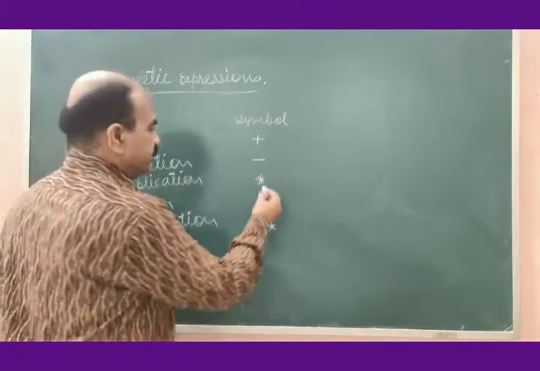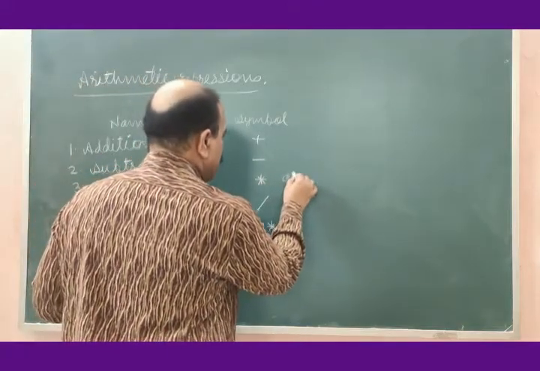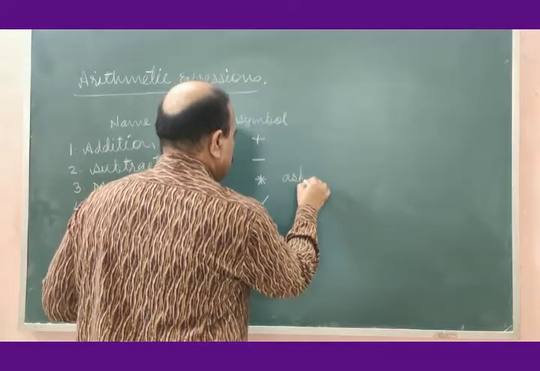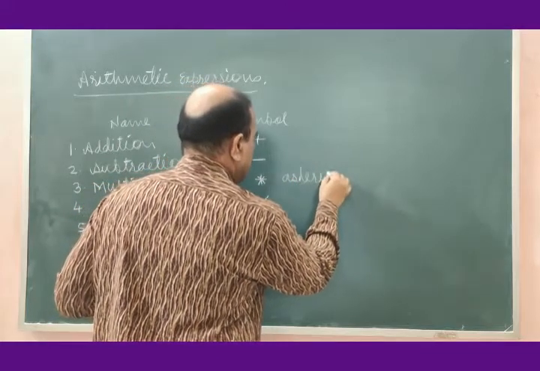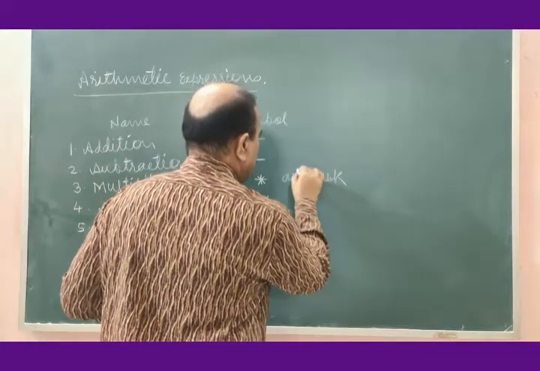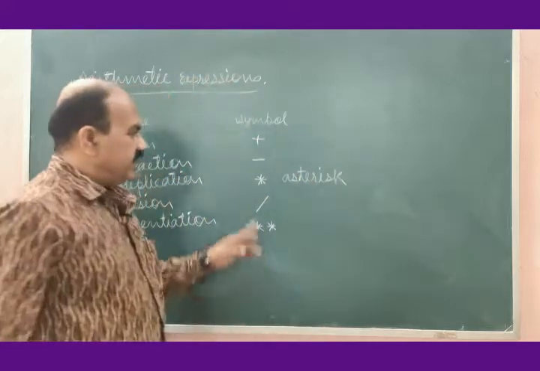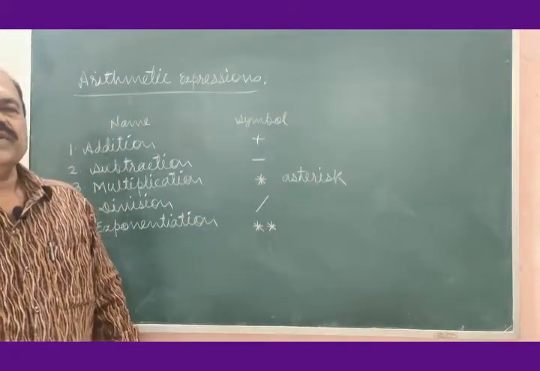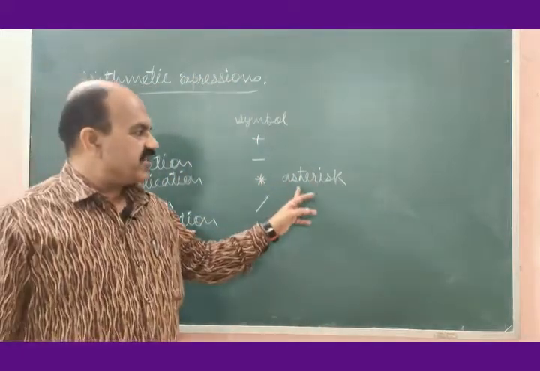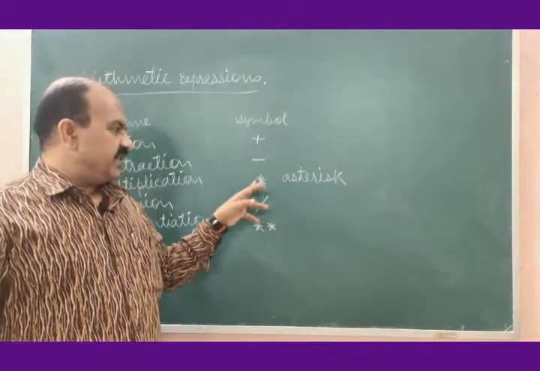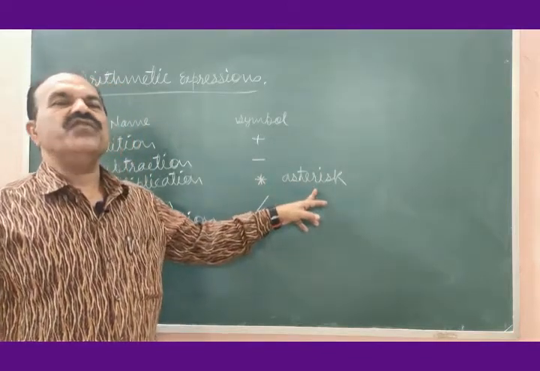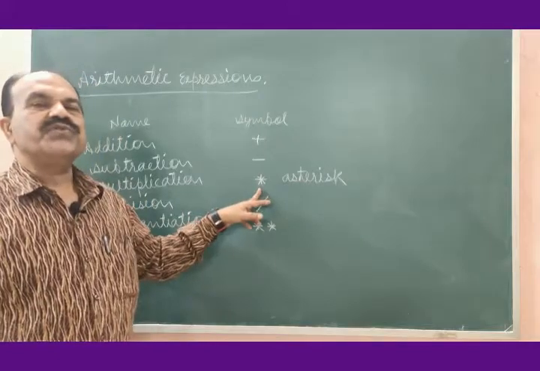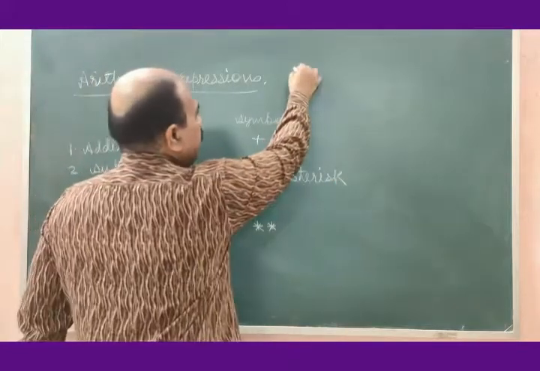Asterisk. This symbol is named asterisk. This asterisk in Fortran is used for multiplication.